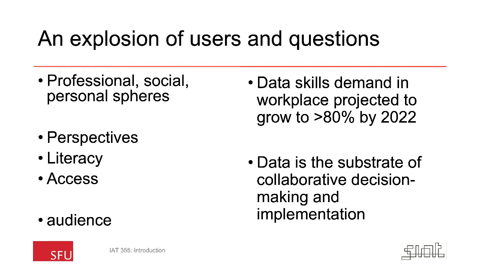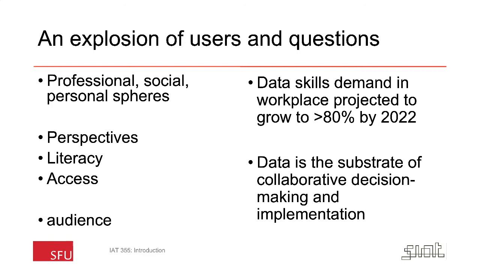Professional, social, and personal spheres are all perspectives that people take on analyzing and understanding data. And what has happened in society is that the literacy and access to data has significantly increased and improved over the last 20 years.